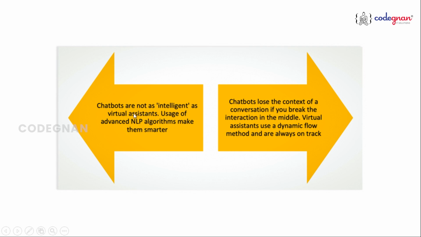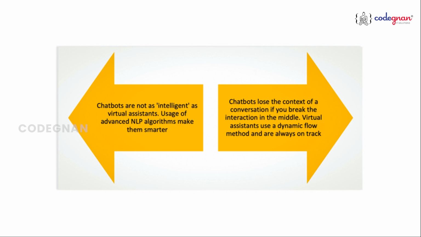To make it very simple, I gave a particular difference over there. Chatbots are not as intelligent as VAs, virtual assistants, because chatbots follow rule based. But to make my chatbot more intelligent, I need to use some advanced natural language processing techniques to make it better. That's where organizations have been using, and that's where this 21st century is running towards AI, because they lose the context if you break the interaction.